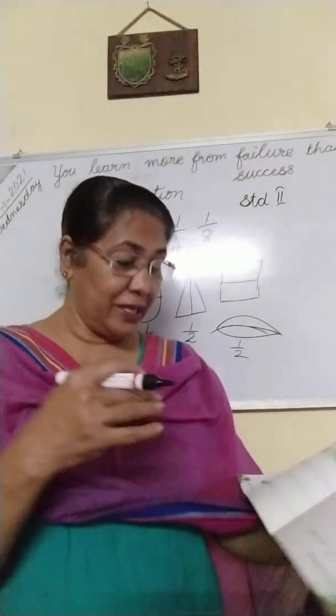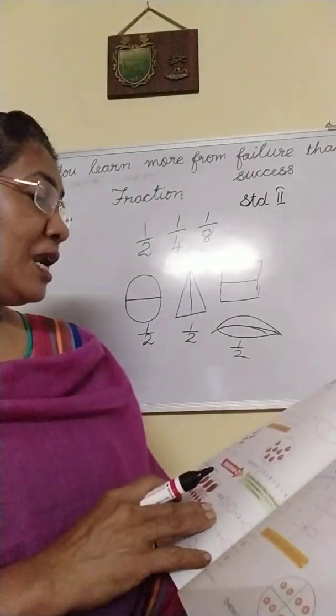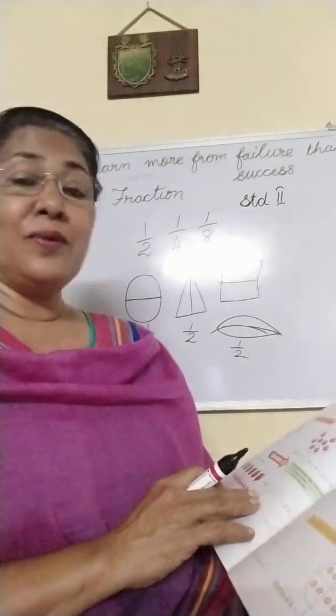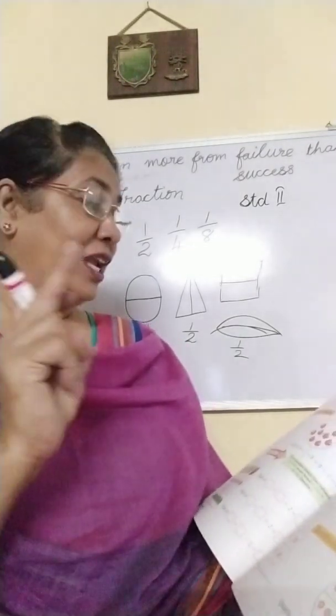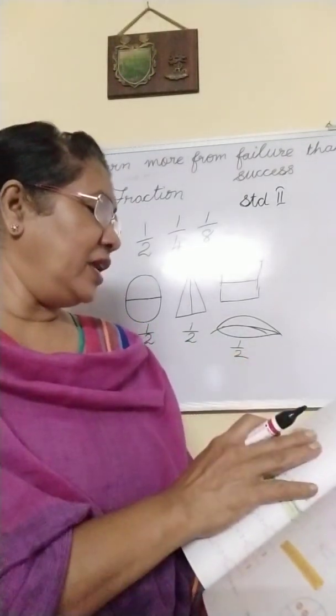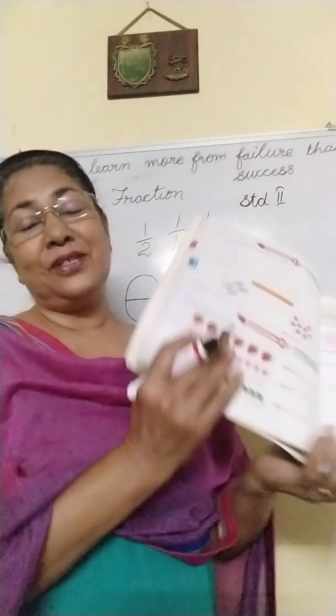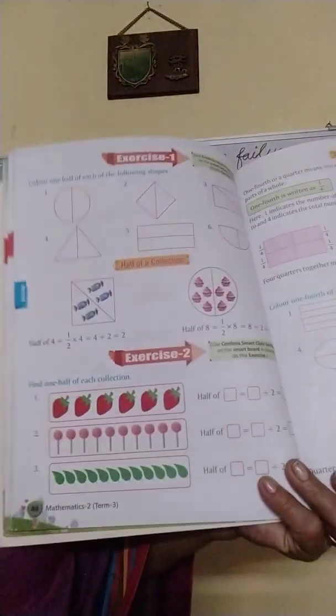Now, on the next page, it's very interesting. Take your color pencil and be ready. Color 1 half of each of the following shapes. This is your task which you can do today.